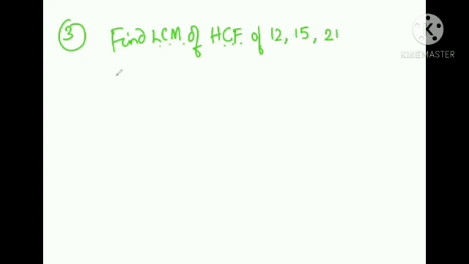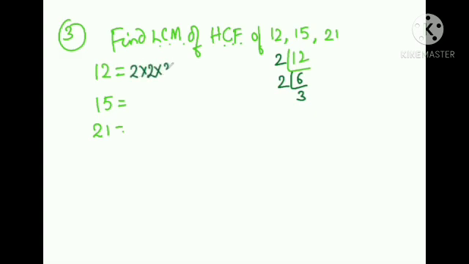How to find LCM? Anyhow, you have to write the prime factorization. 12 prime factorization, 15 prime factorization, 21 prime factorization. Prime factorization of 12 can be done like this. 2 sixes are 12, 2 threes are 6. So 2 into 2 into 3, and its exponential form is 2 power 2, 2 multiplied 2 times, into 3.